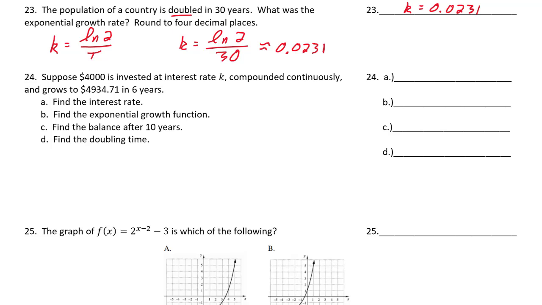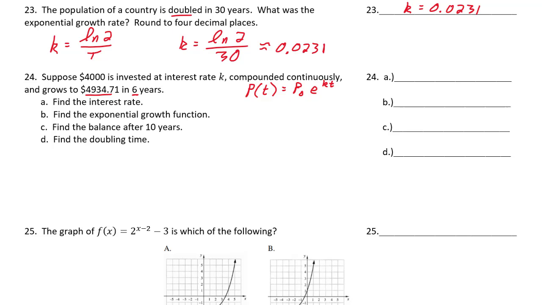Moving on to number 24, this one gives us an amount that was invested. So this is going to use the P of t is equal to our initial investment times e because of the word continuously, and then to a power of k times t. So it does give me an amount that it turns into in a specific time, so I should be able to solve for the interest rate, which is what part A wants anyway.